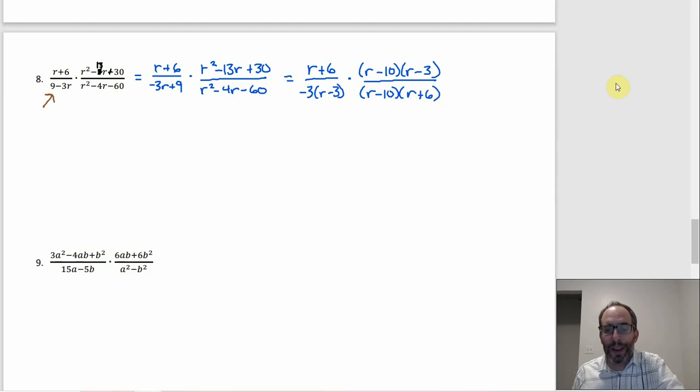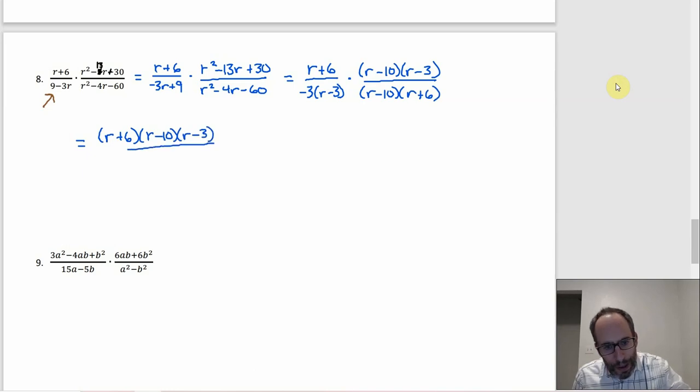And if you're looking at this whole thing all together, it looks like a ridiculous number of things are going to cancel, and that's kind of the idea here, because we're going to get a very nice answer. But if I actually do the multiplication, and we get one giant rational expression, its numerator would be r plus 6 times r minus 10 times r minus 3.